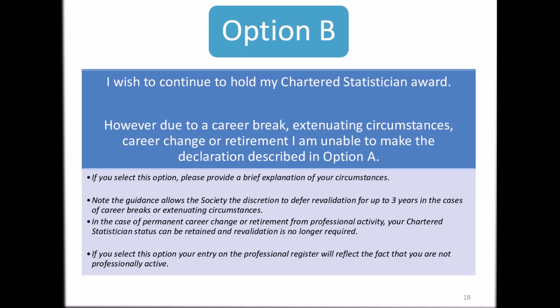And note that the guidance allows the Society the discretion to defer revalidation for up to 3 years in cases of career breaks or extenuating circumstances. And in the case of permanent career change or retirement from professional activity, your Chartered Statistician status can be retained, and revalidation is no longer required. And in this case, your status on the professional register will be indicating that you're no longer professionally active as a statistician.